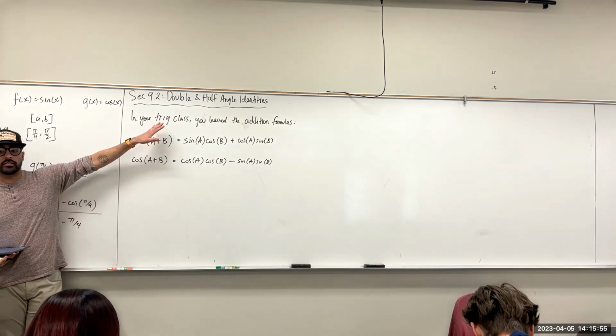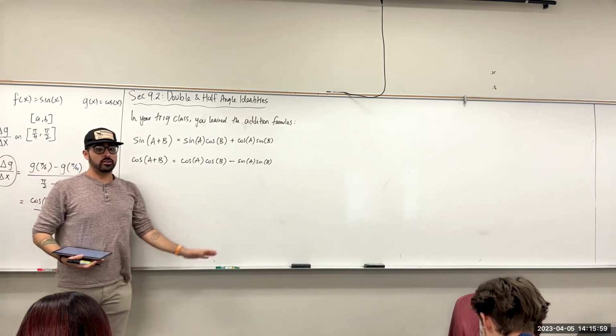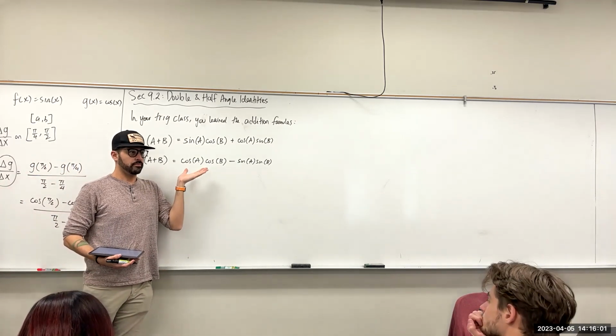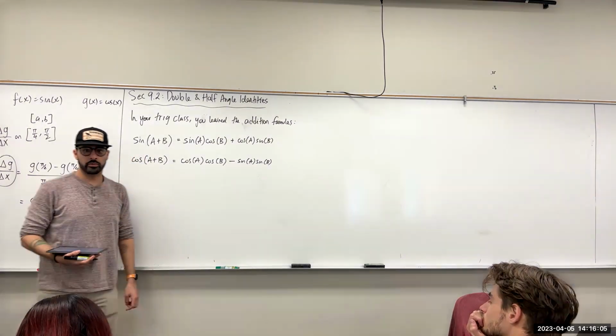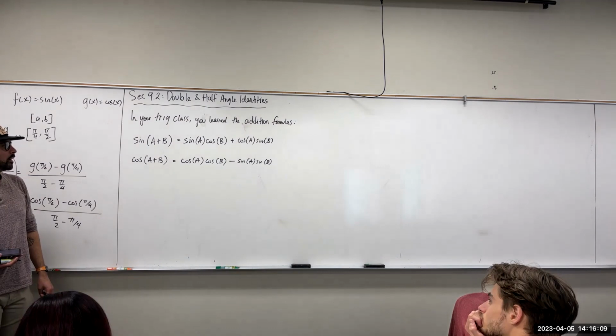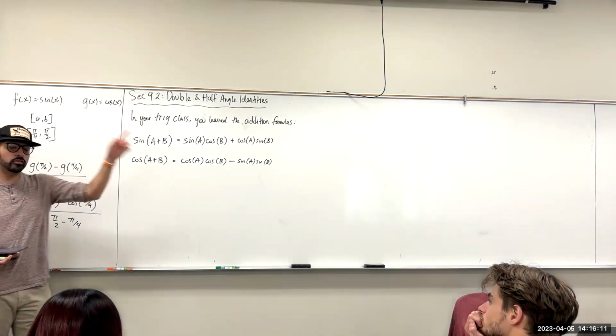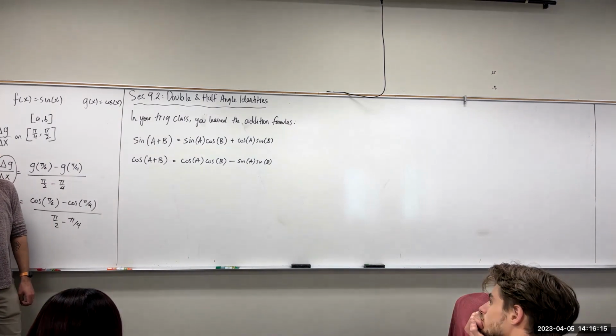In your trig class, there was a big geometric proof or explanation of how this happens, which we don't have time for, but the textbook also provides that information if you want to revisit it.